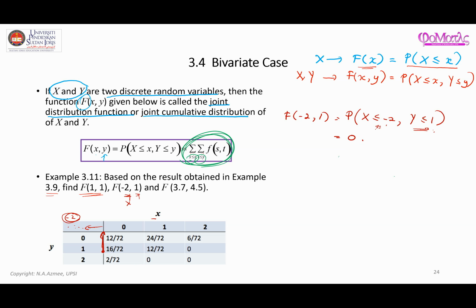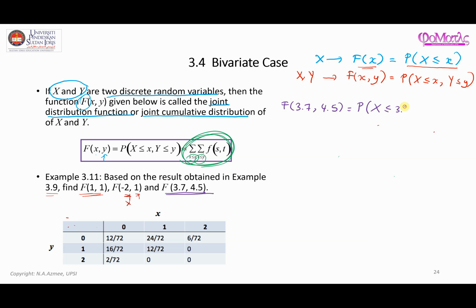Now for the next one here, f(3.7, 4.5). This is basically saying that you are interested in finding the probability of x less than or equal to 3.7 and y less than or equal to 4.5.